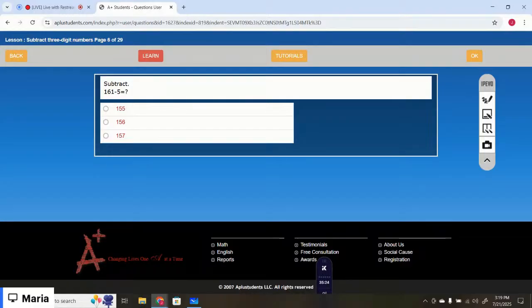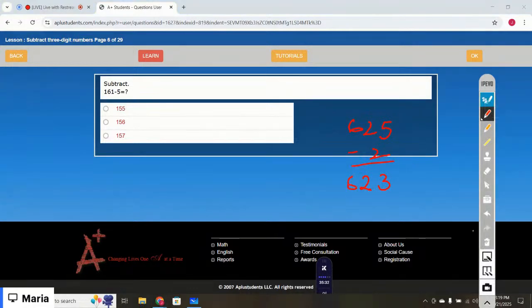161 minus 5. Okay, let's just subtract. 161 minus 5. So 1, we cannot subtract 5 out of 1, right? So we need to borrow 1. So here we have 5 and that 1 makes 11. 11 take away 5 is 6.